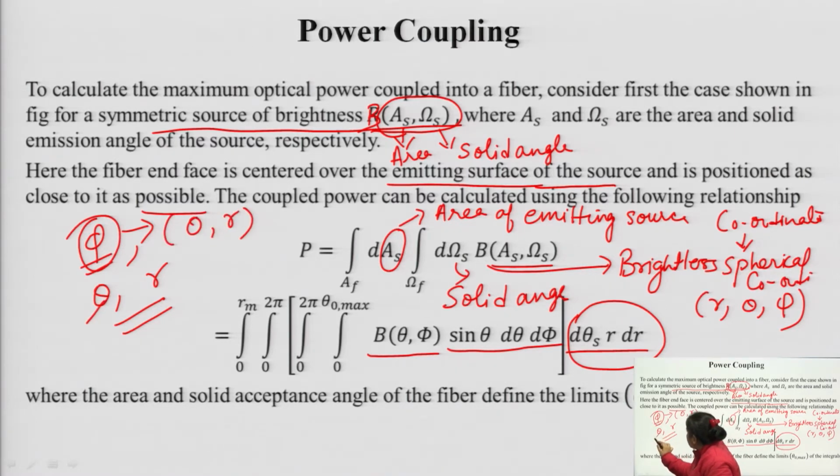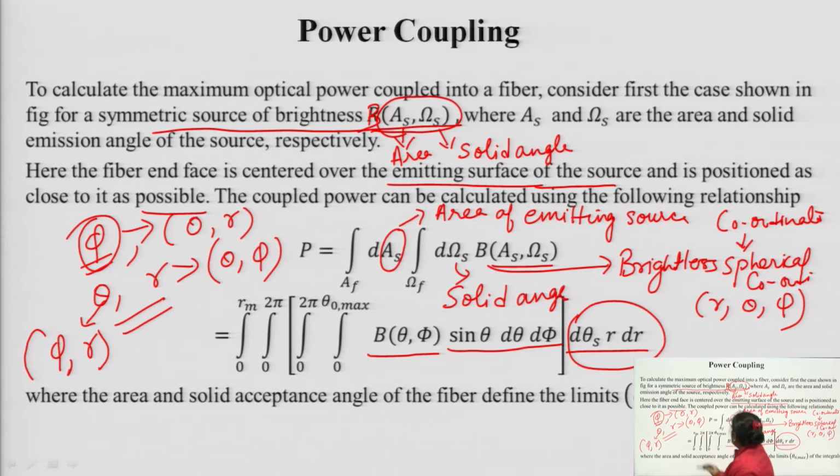When the vector is in the theta direction, it will be a function of phi and r. And when the vector is in the r direction, it will be a function of theta and phi. So, here it is a function of theta and r, which means our area vector will be in the phi direction.